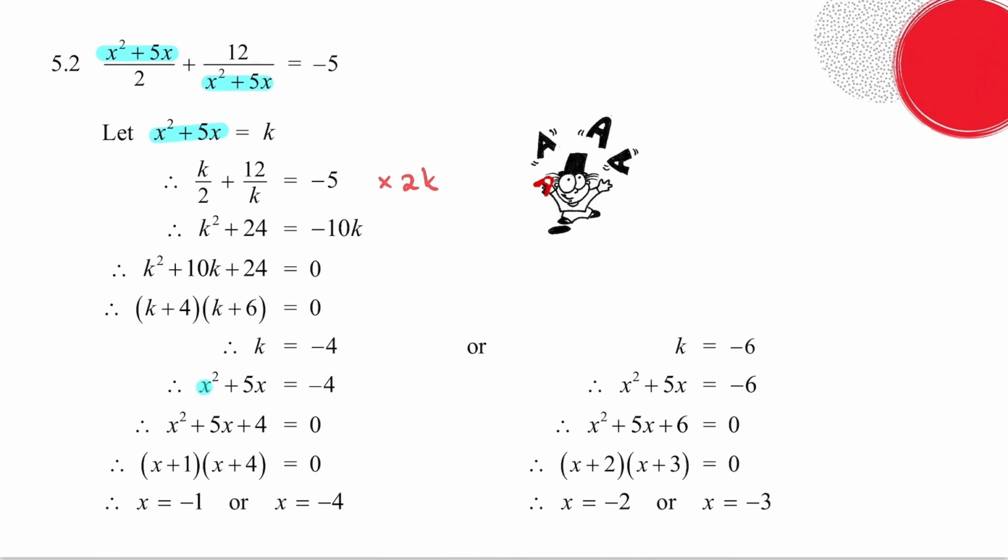So in place of k, now goes back the x squared plus 5x. I get another trinomial, which I factorize, and I get my 2 answers. And with k being the other value, I get another trinomial, and I get those 2 answers. So there was a very clever technique I could use. I noticed that these 2 were the same. So I let that be equal to k, and I then managed to solve for x.